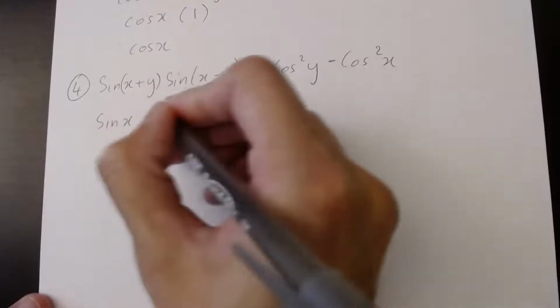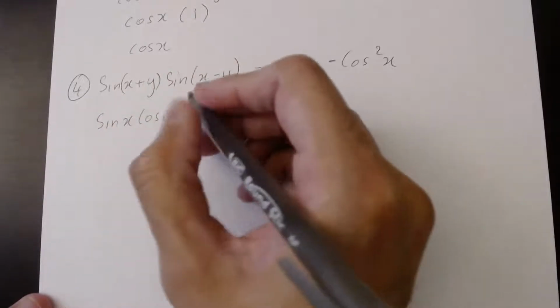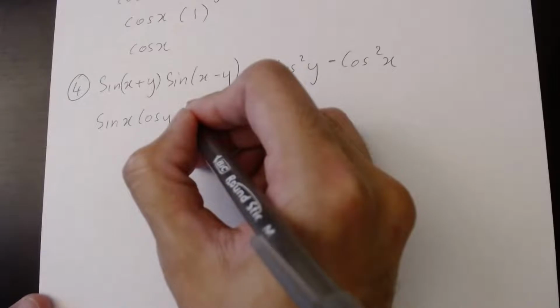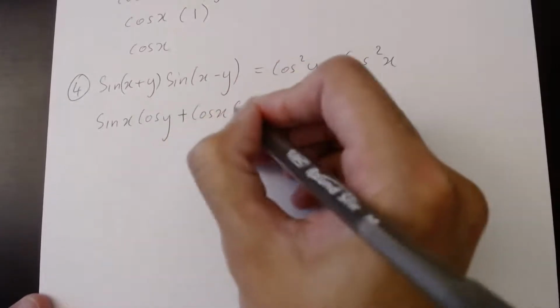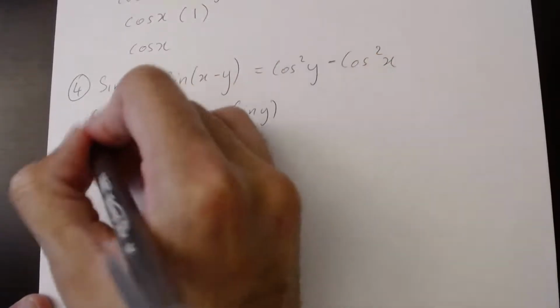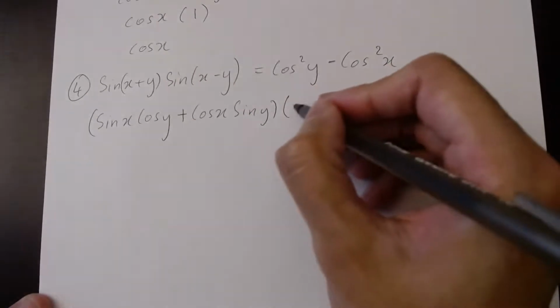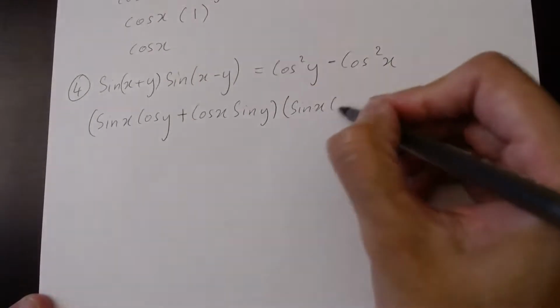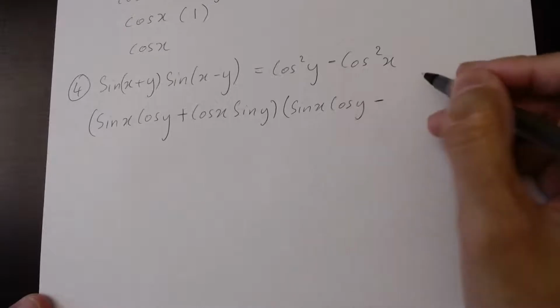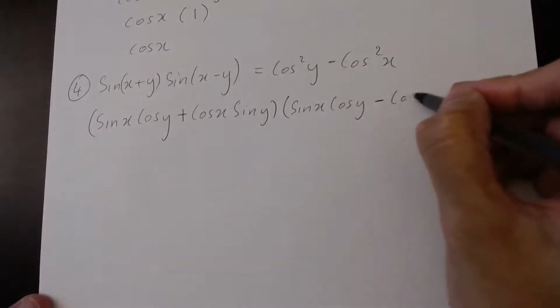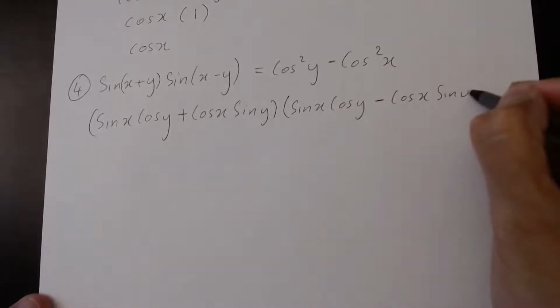That's sine x cos y plus cos x sine y. And this is all multiplied by sine x cos y minus cos x sine y.